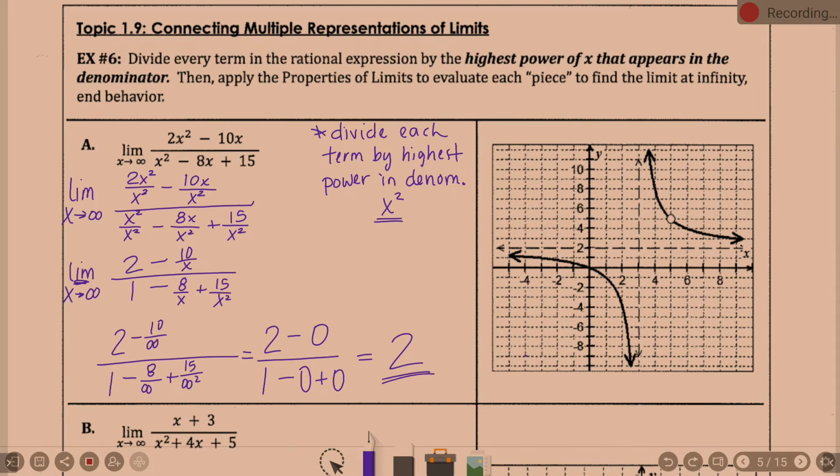So all of that to say that this limit, the limit as x approaches infinity of f of x, we don't have a definition here, is 2. Okay? Does the graph agree? Yeah. All of that for an answer we already knew. I'm killing you, I know.